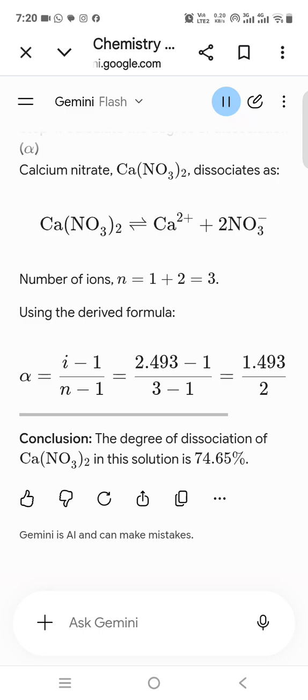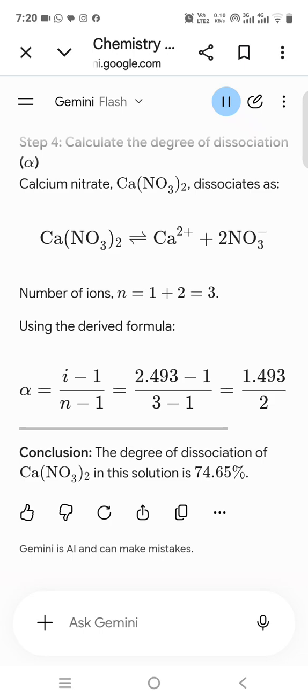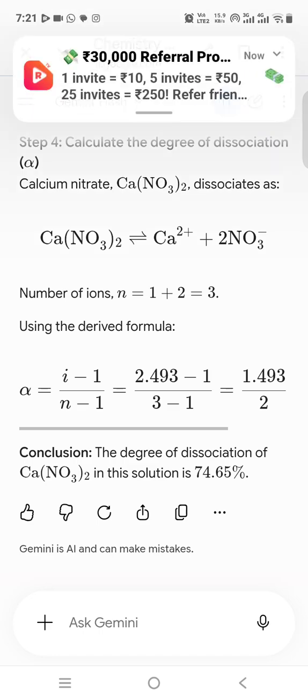Question 4, 15 marks. A. Derive the relationship between the Van 't Hoff factor i and the degree of dissociation alpha for an electrolyte A_xB_y. B. Numerical: an aqueous solution containing 1.24 g of a calcium salt, Ca(NO3)2, in 100 g of water boils at 100.098°C.